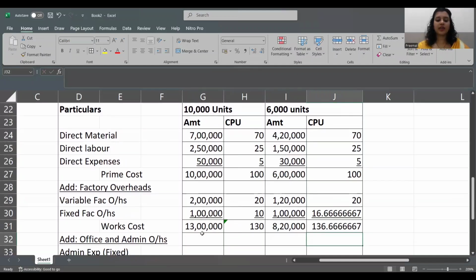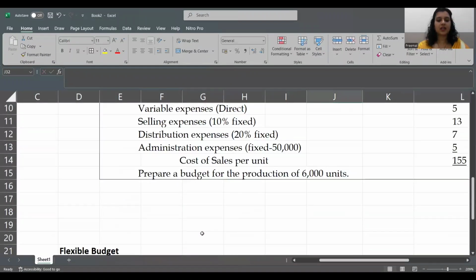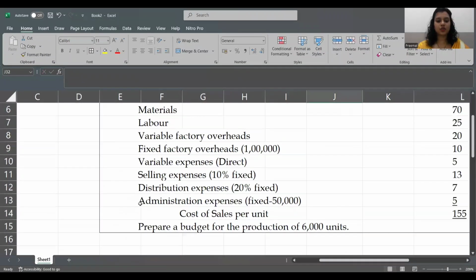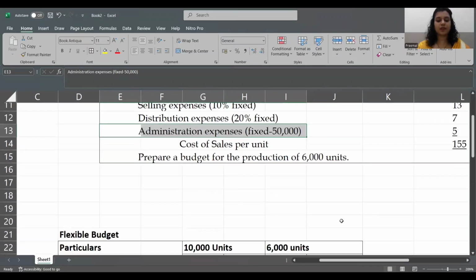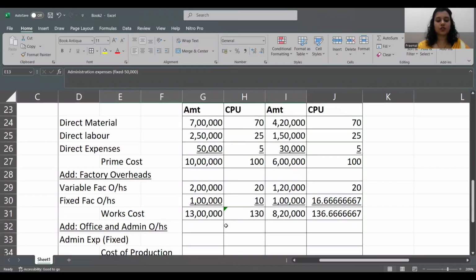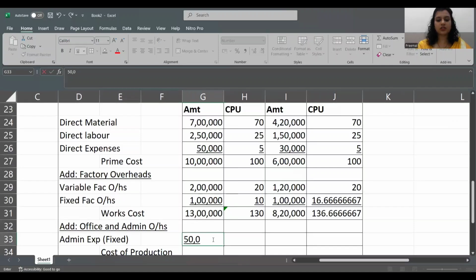The next overhead we have is office and administration overhead. Now, under office and administration overhead, we only have administration expenses, which is clearly mentioned as fixed at 50,000. Cost per unit is 5. So for 10,000 units, I know the amount is 50,000, cost per unit is 5.